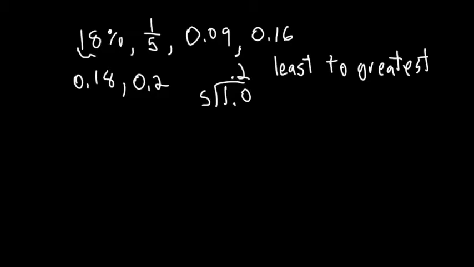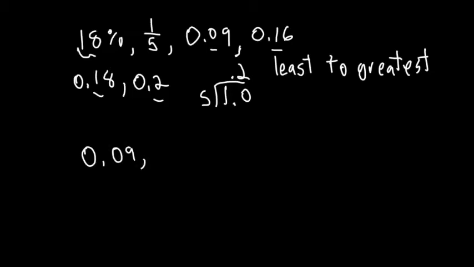I want the least. So I want to look at that first place value. All of them have a 0. So go to the second place value, which is the tenths. And I have a 1, a 2, a 0, and a 1. So 0 is going to be my lowest there. So the 9 hundredths is my lowest.